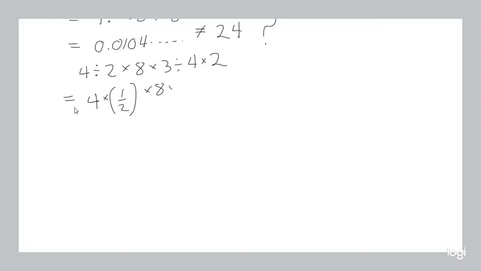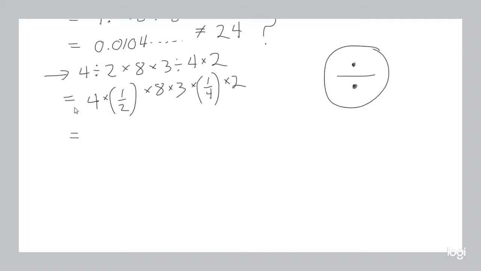Times 8 times 3 divided by 4, that's just multiplying by 1 over 4. That's what's going on there. Times 2. This is what the above expression really means. It's just another way of writing it. The division sign even looks like one number over another. So let's skip the middleman and just write it that way.